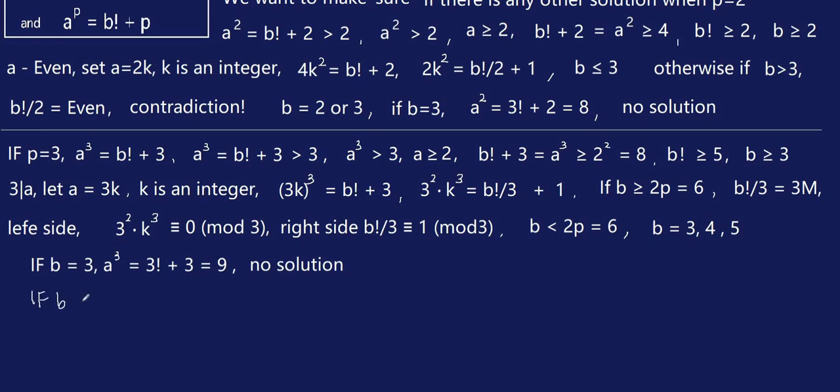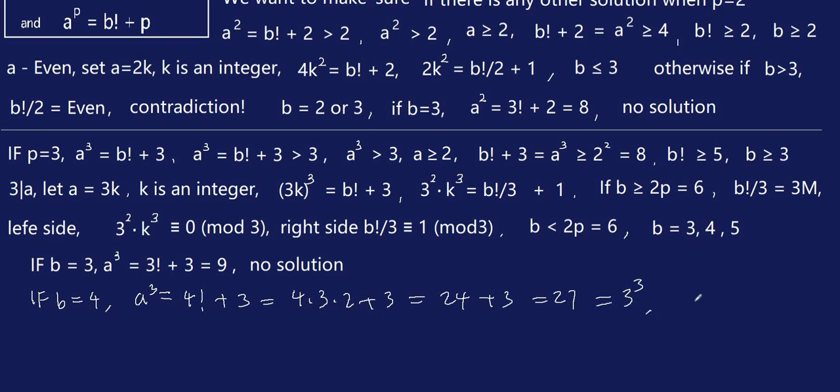If b is equal to 4, then a cubed equals 4 factorial plus 3, which is 24 plus 3, equal to 27. So in this case, it has a solution.